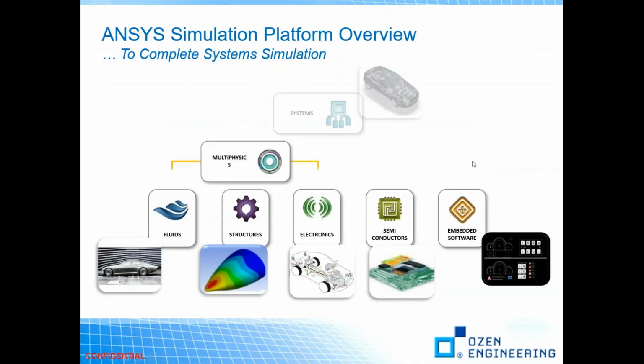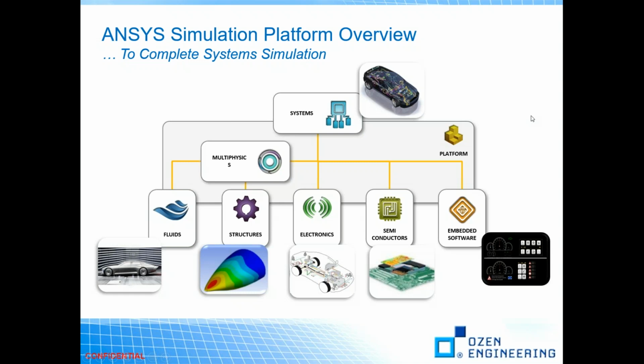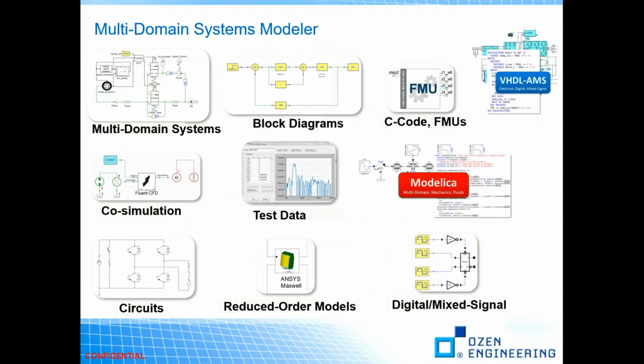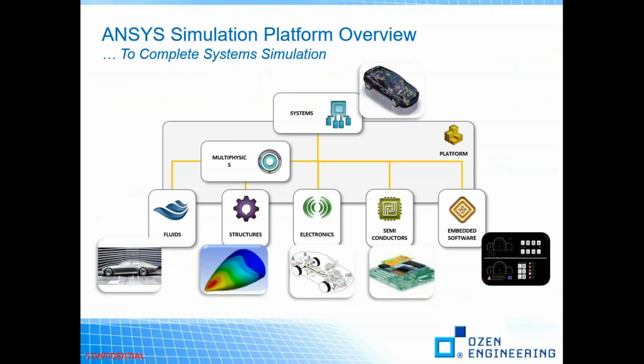Within these different system modelers, we mentioned ROM and co-simulation. Those are achieved based on the comprehensive platform ANSYS provides. At the top, we're looking at the system, which represents what Twin Builder is trying to achieve.